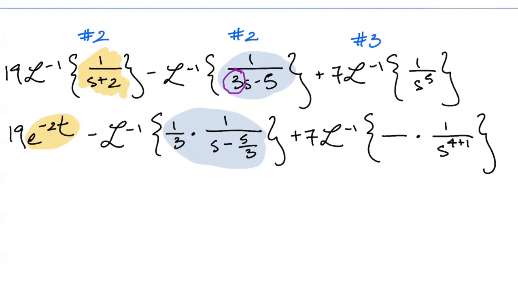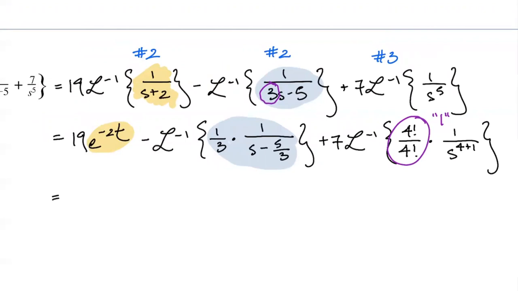Is it 4 factorial? Yeah, let's get that 4 factorial in there, right? If we want to match the table and the table says n factorial, let's multiply by 1 in the most clever way we can, so that we can begin to match things in the table.